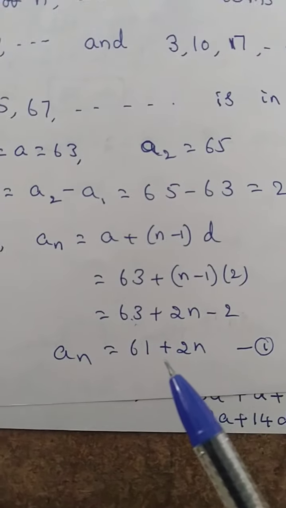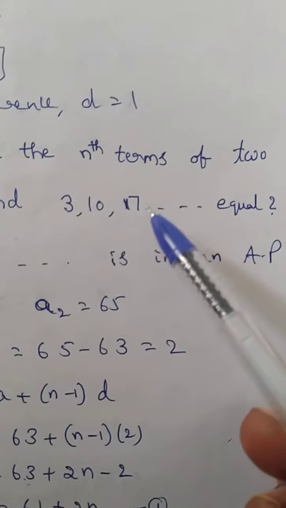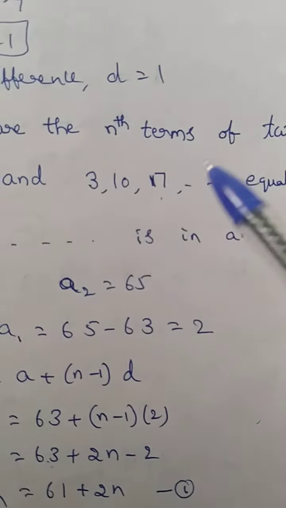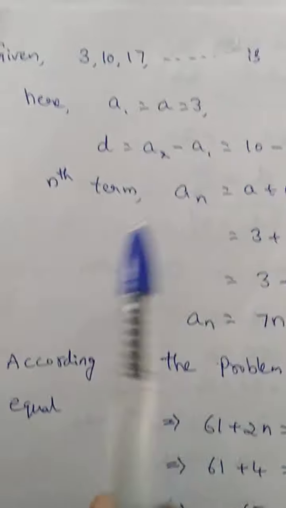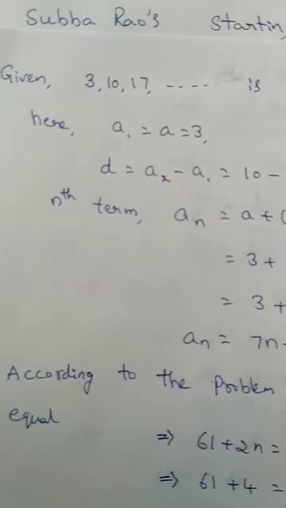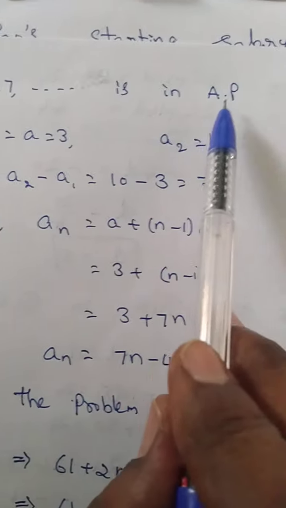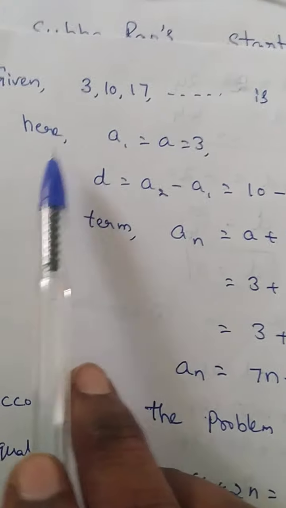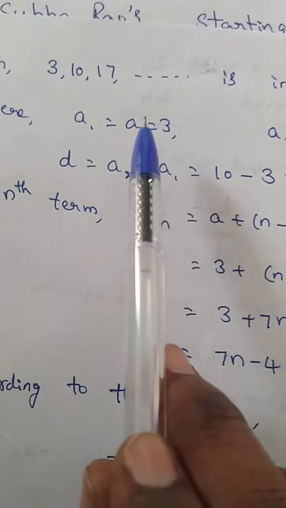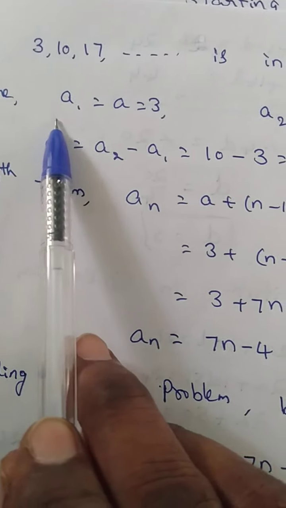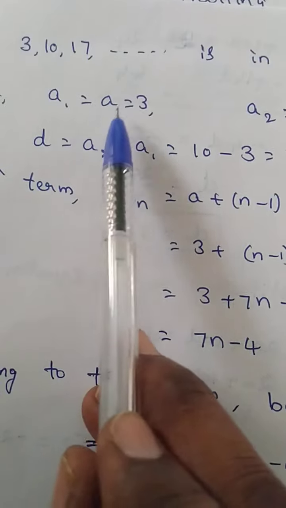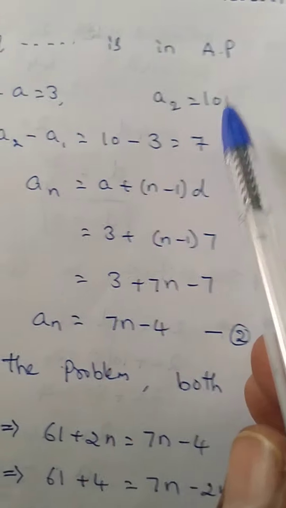Then we can find the nth term of the second arithmetic progression. Now the given 3, 10, 17, and so on is in AP. Here a1 is equal to a is equal to 3. Already said, the first term is called either a1 or a. a2 is equal to 10.